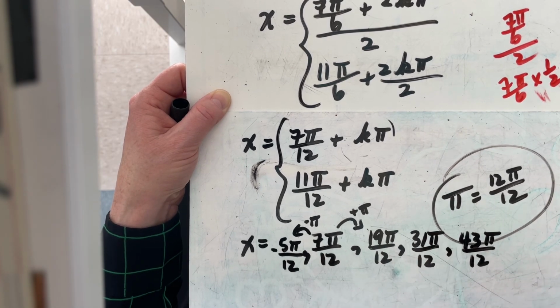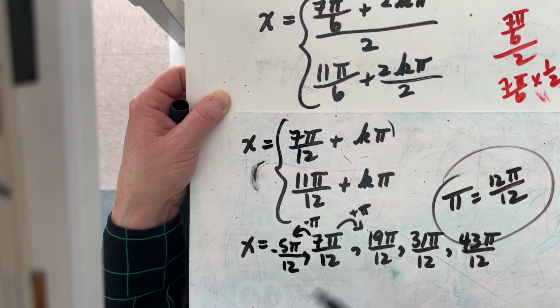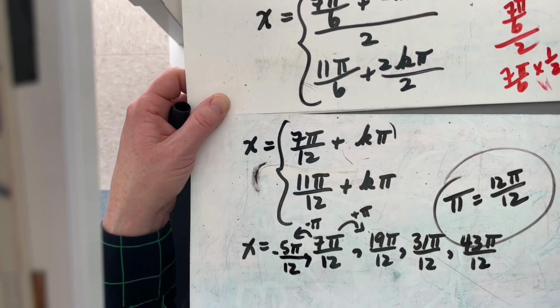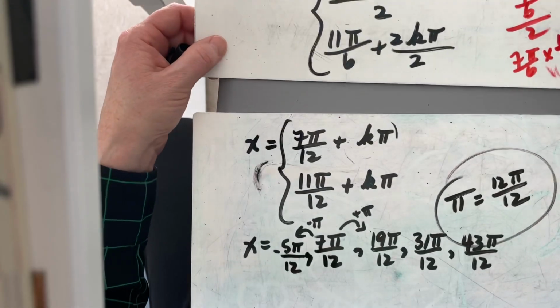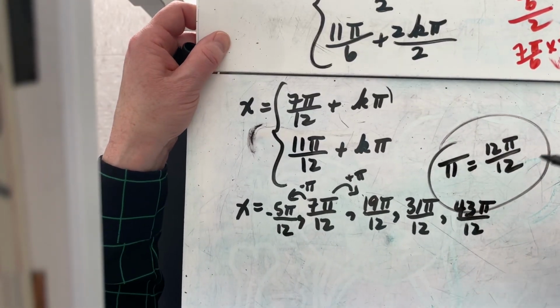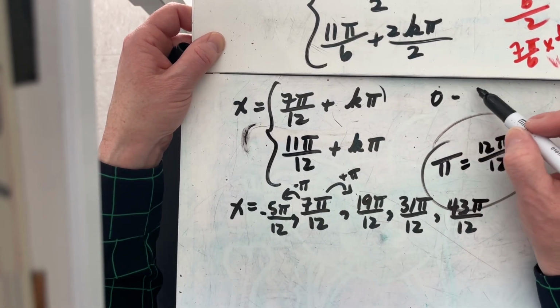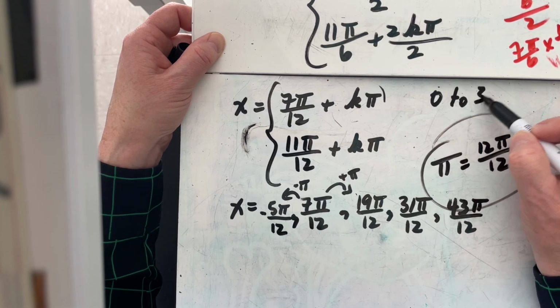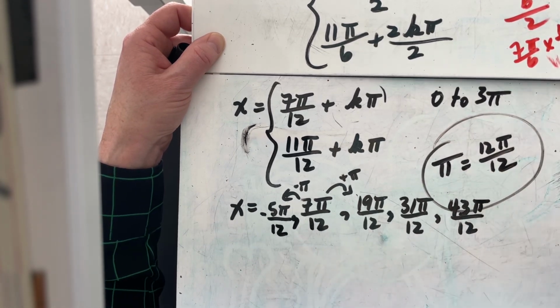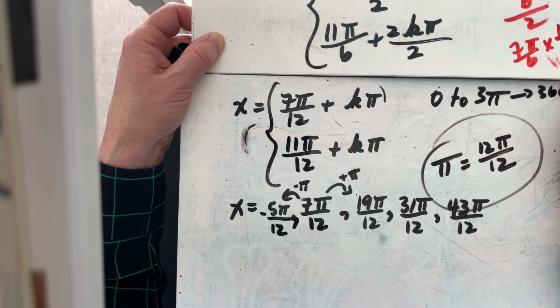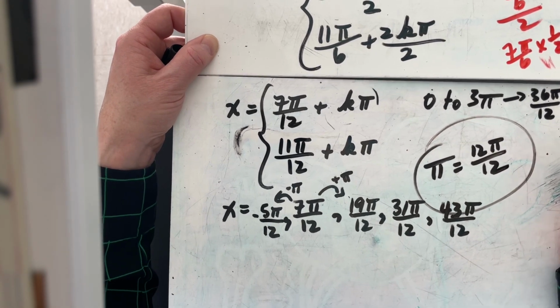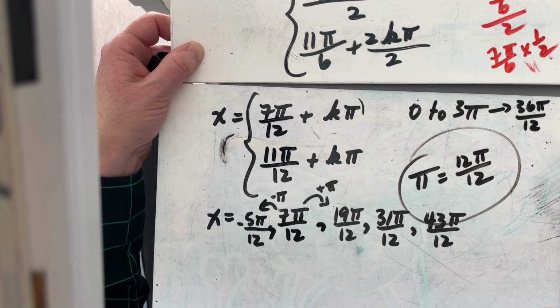All right, so now we have to think about how many of these solutions are within that restricted domain. Remember, our restricted domain was 0 to 3 pi, which means our denominator's 12. So let's think about 3 pi as being 36 pi over 12, because that's equivalent to 3 pi.